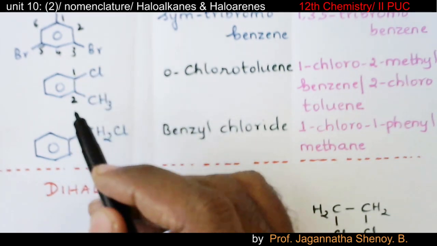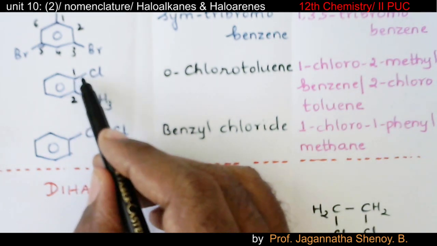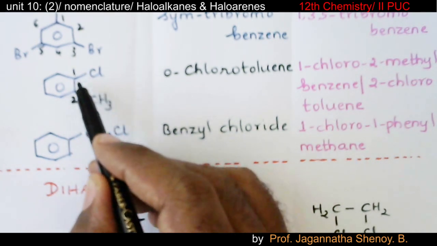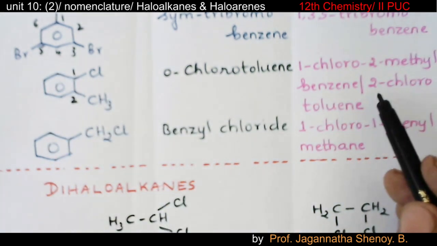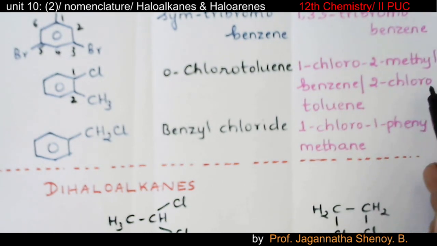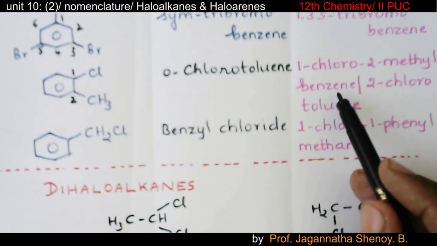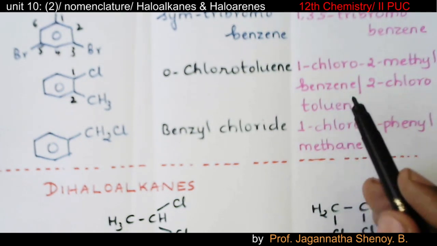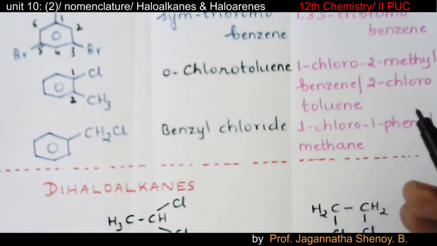So what is the other IUPAC name of the same compound? On the second carbon atom we have a chloro group and the parent hydrocarbon is toluene. That's why the other IUPAC name of the compound is 2-chlorotoluene. I hope you have understood. In the first case, we have treated it as a derivative of benzene. In the second case, we have treated it as a derivative of toluene.